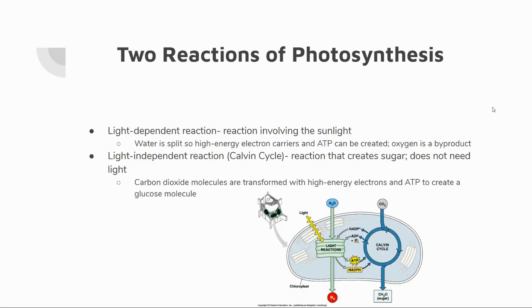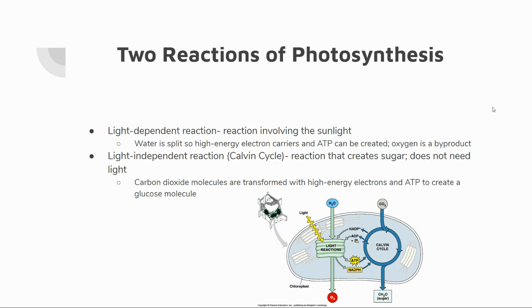So the two reactions of photosynthesis, you have the light-dependent reaction and the light-independent reaction. The light-dependent reaction is the reaction that involves sunlight. Water is split, so high-energy electron carriers and ATP can be created, and oxygen is a byproduct. The interesting thing that most people forget is that oxygen, while we view it as, and it is, necessary for us and other animals, it is not the primary goal product of this process.